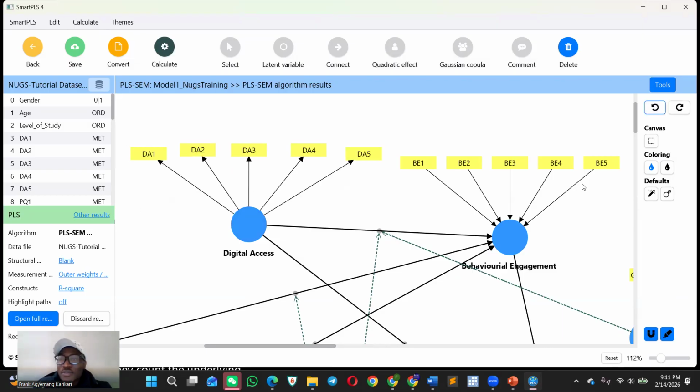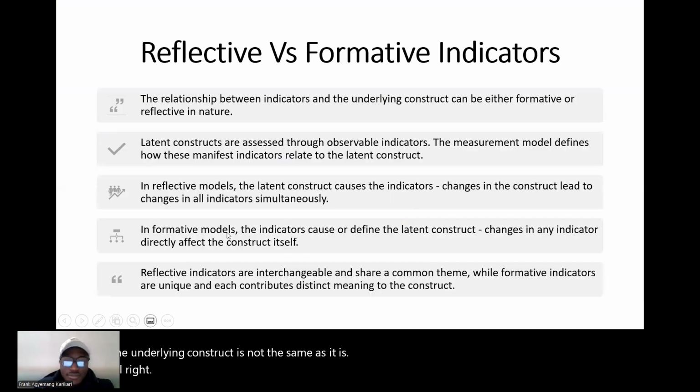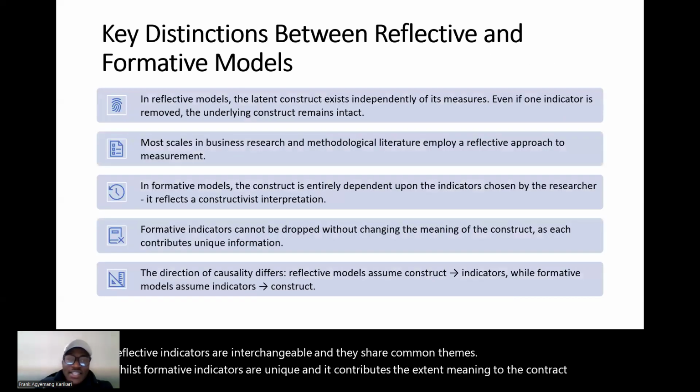But with formative, once we delete any of these, the underlying construct is not the same as it is, right? Reflective indicators are interchangeable and they share common themes, whilst formative indicators are unique and each contribute distinct meaning to the construct, okay? Let's look at the key distinctions.